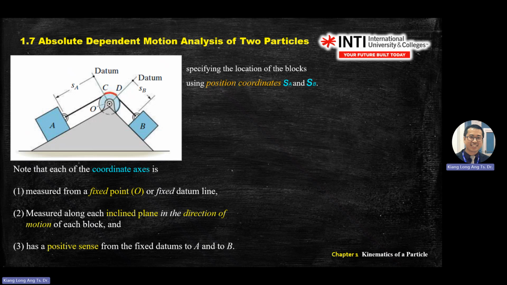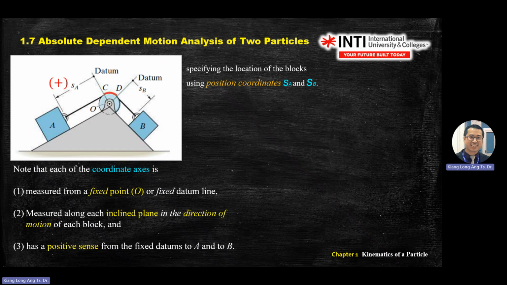You have a dot and arrowhead in the diagram, or sometimes there's no dot, but you see an arrowhead at the datum. It means the positive direction of that position. You see, SA positive goes this way, SB positive goes this way. That's why when I say you pull A, your SA will get negative. SB is a vector. You go this direction, you get negative.